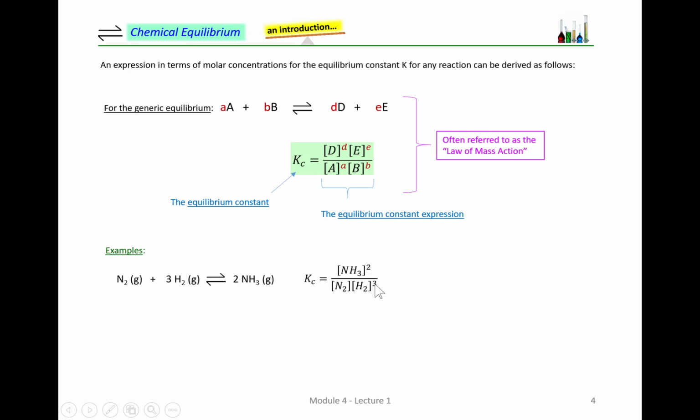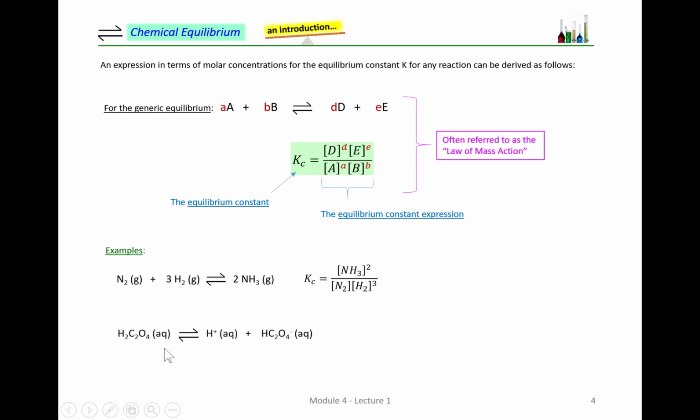There's more than one reactant, so we multiply the concentrations of the reactants, each raised to the power of its coefficient, a 1 for the nitrogen, a 3 for the hydrogen, and we'd say the Kc for this reaction is this equilibrium constant expression.